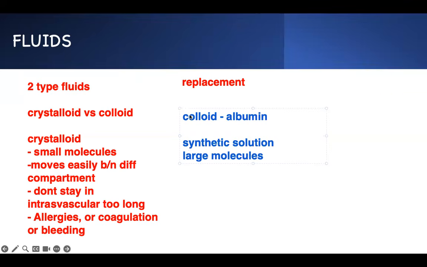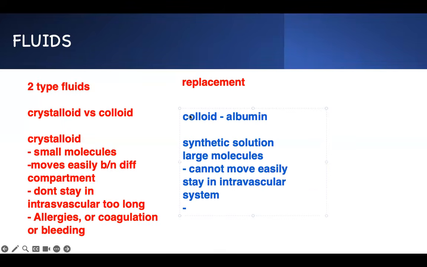Large molecules, they cannot move easily because of their size. So they can't move from the capillary system to go to another region. Wherever you put them, they stay there. So they stay in the intravascular system.